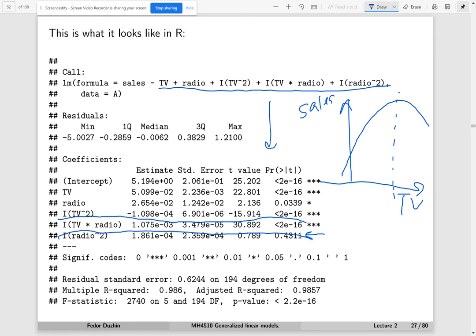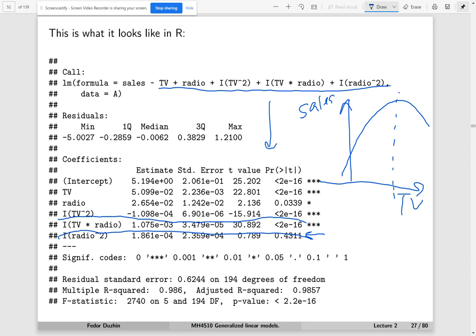After we remove it, variables that were statistically significant could become insignificant, and even weirder, if we add more terms, like if we add, I don't know, TV cubed here, then suddenly radio squared could become statistically significant. Which is why coming up with a good linear model is something like a dark art.